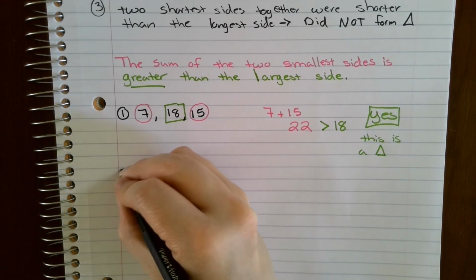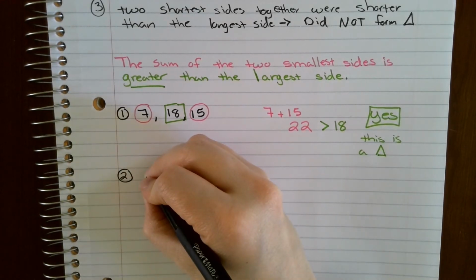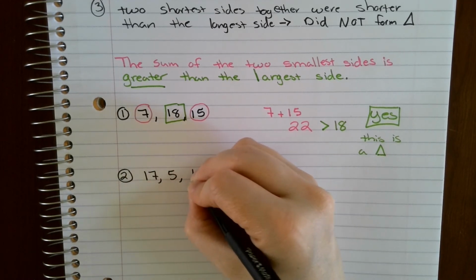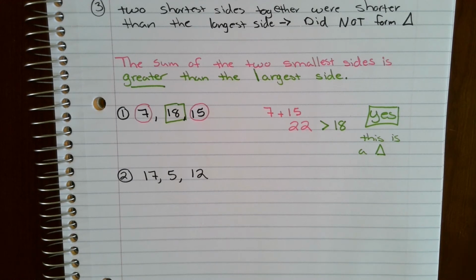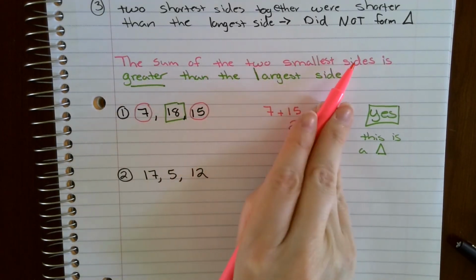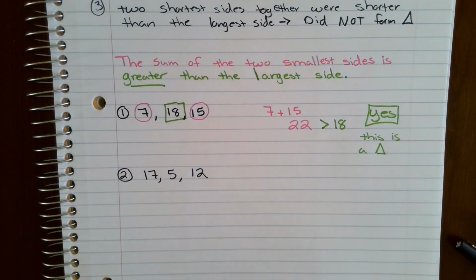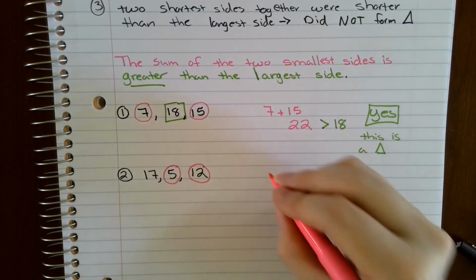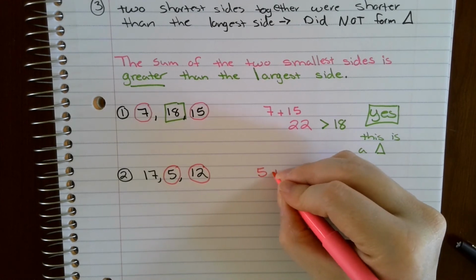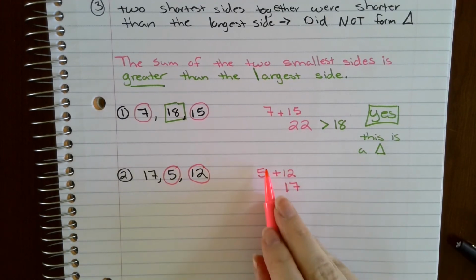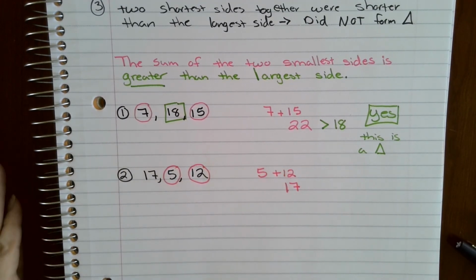Okay, let's take a look at another problem. We've got 17, 5, and 12. Again, we want the sum of the two smallest sides. Our two smallest sides are 5 and 12. So if I take 5 and add 12, that's going to give me 17.